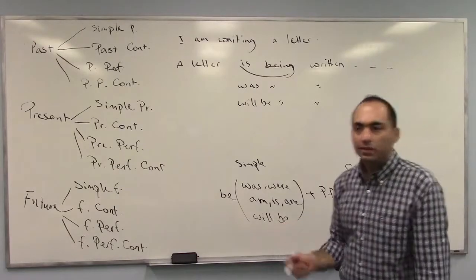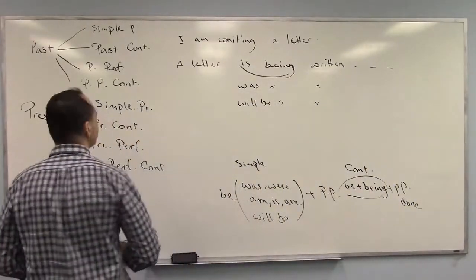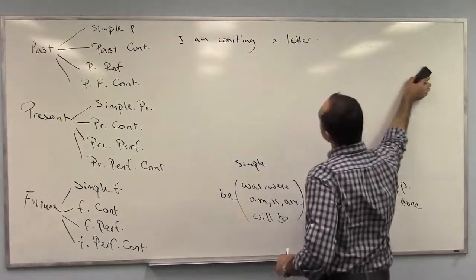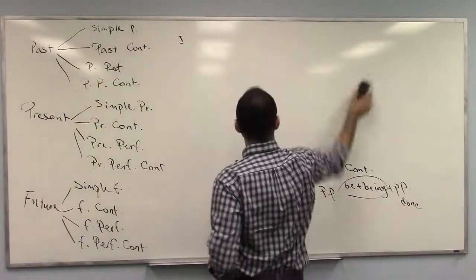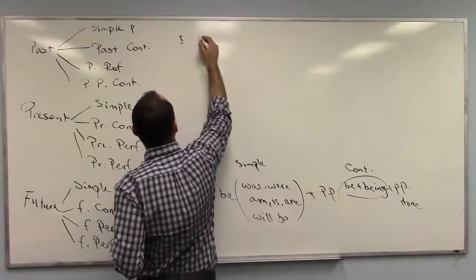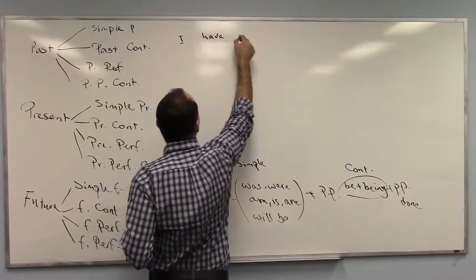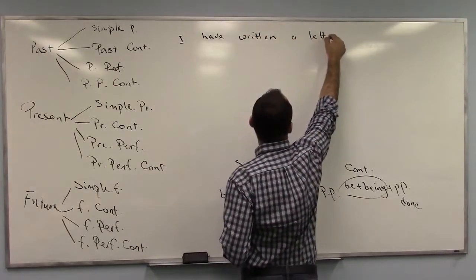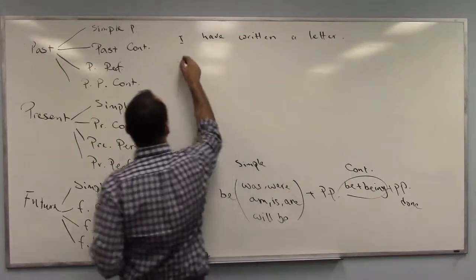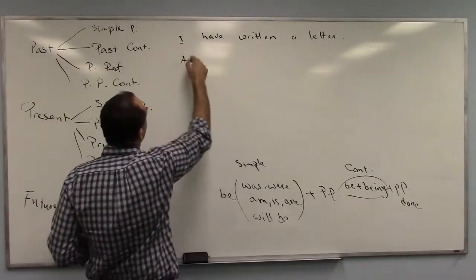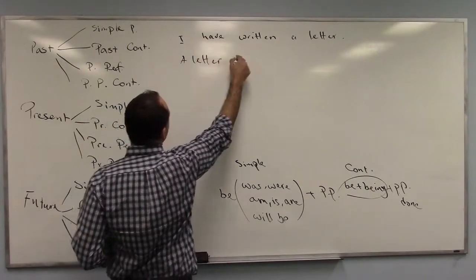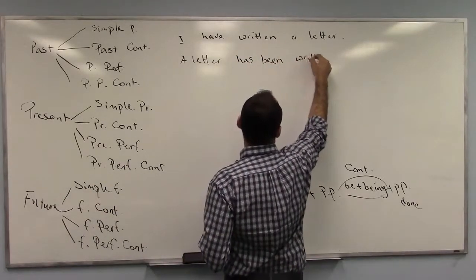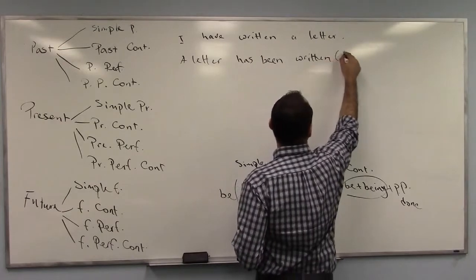Yeah? Now, perfect tenses. I have written a letter. A letter has been written. I have written a letter, a letter or the letter, depending. A letter has been written. I can say by me.